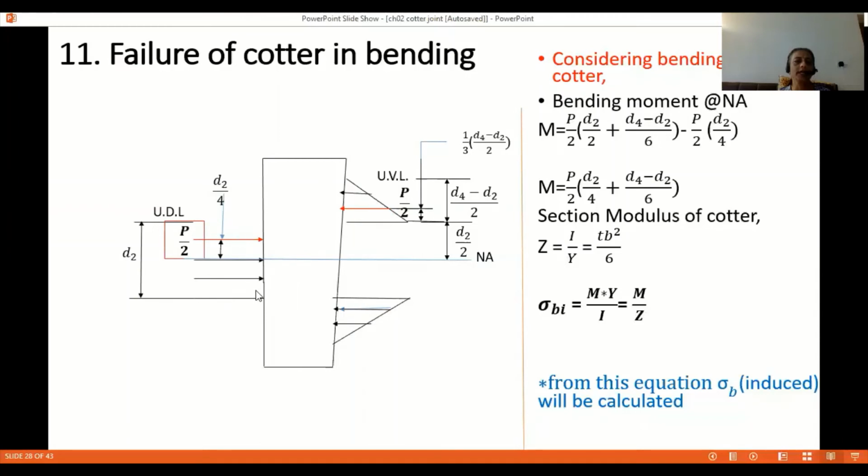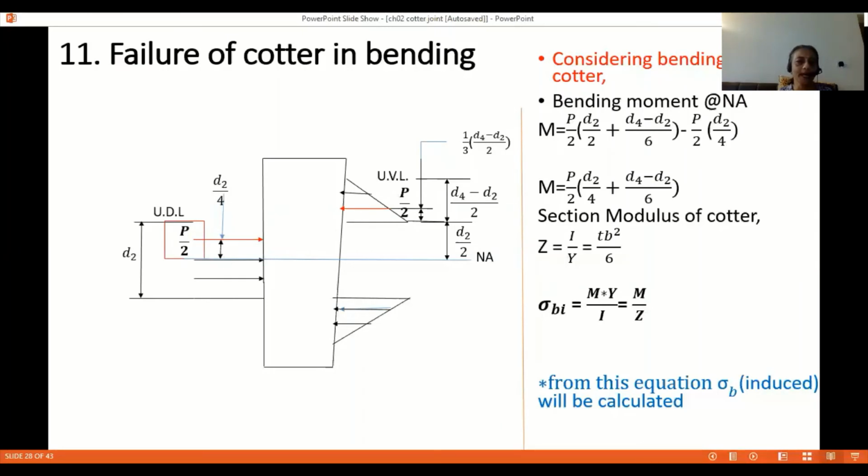Spigot is solid circular section, so load is uniformly distributed load. Socket is a hollow circular section, so here we can see that load will be uniformly varying. Maximum will be at the innermost section and minimum load will be at the outermost section of the socket collar. I hope you can understand this in a better way from this sketch.